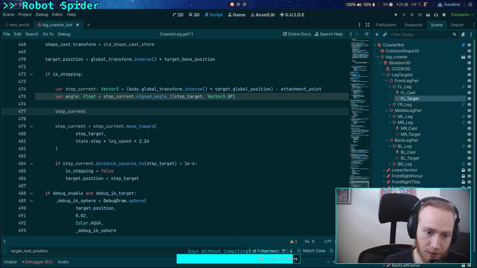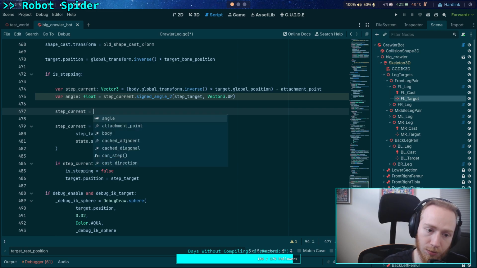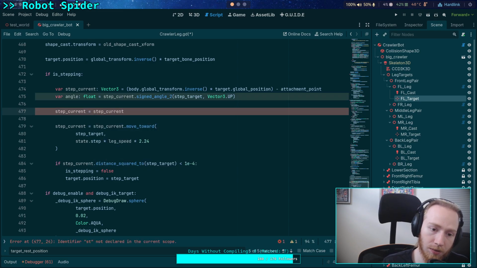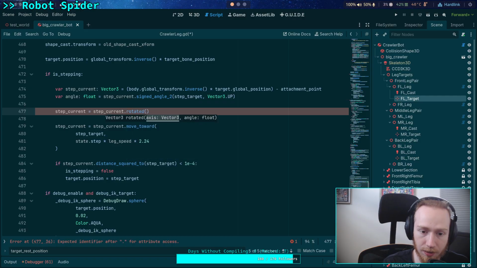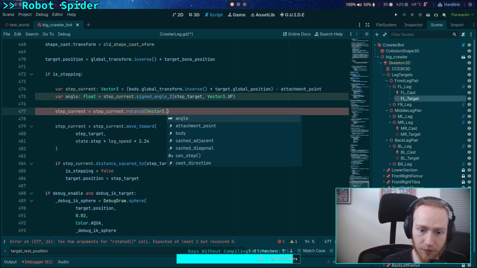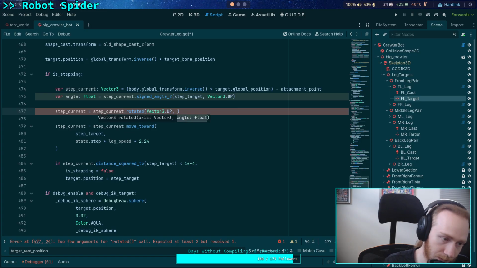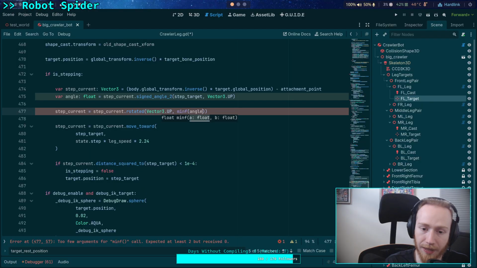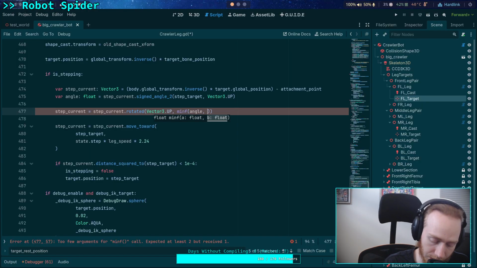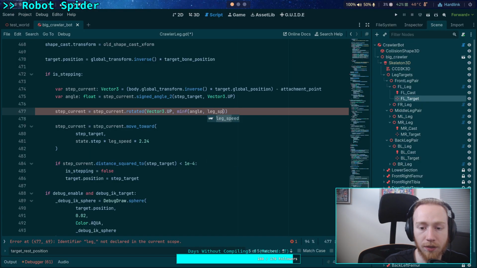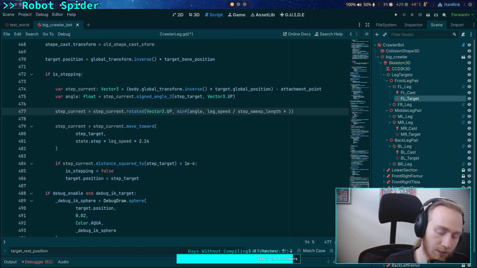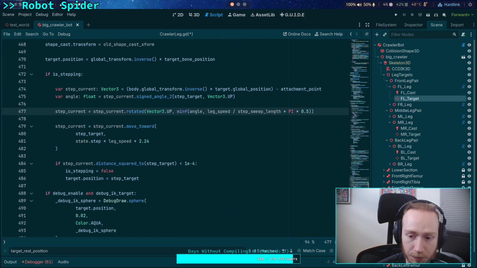Step current will be equal to step current rotated on vector up using the smaller value between the angle and leg speed over step sweep times pi times 0.5.